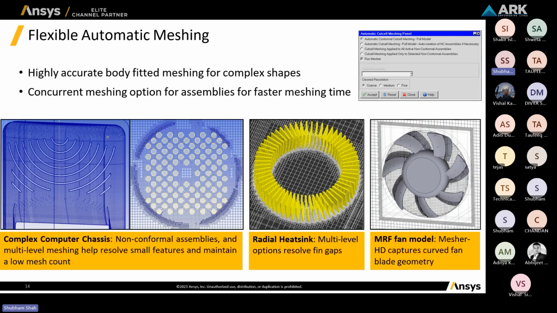On the top right-hand side, there are different options: automatic conformal cut cell meshing and automatic cut cell meshing, which are for the full model. Then you can decide the resolution, whether you want a coarse, medium, or fine mesh. Accordingly, the system will perform the meshing in a similar manner.